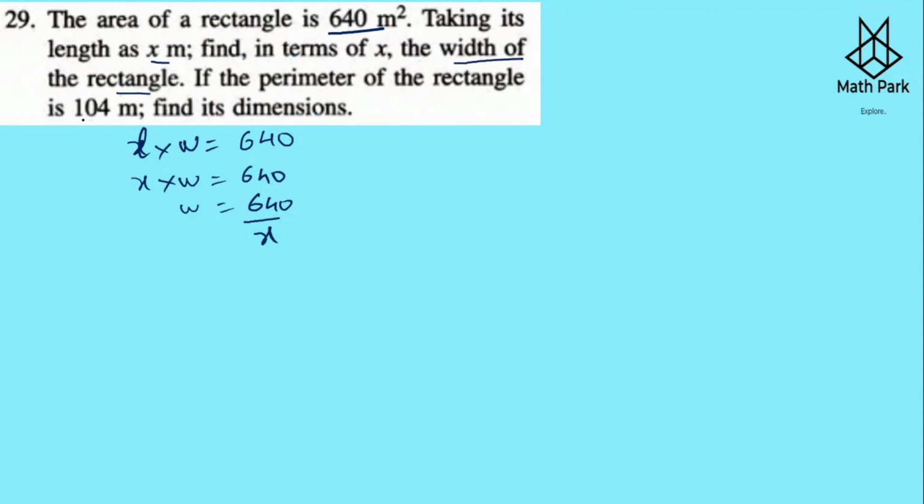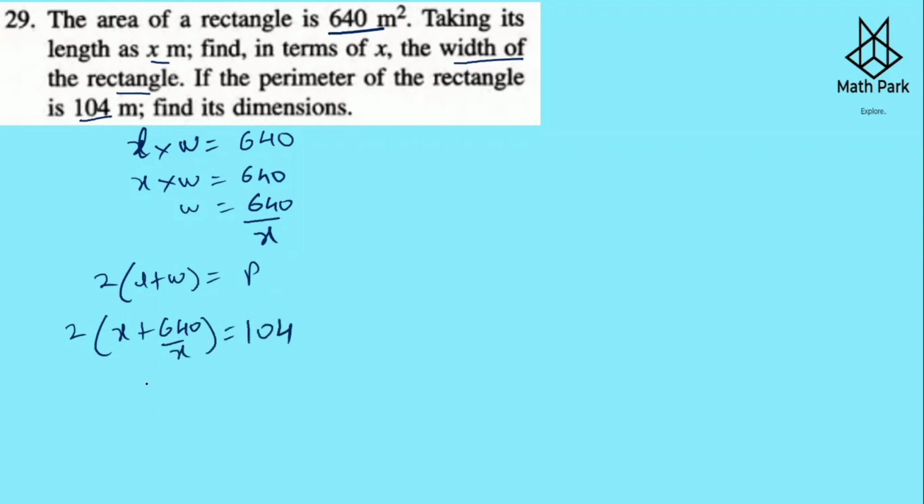If the perimeter of rectangle is 104, find the dimensions. So what is the perimeter? So we have twice length plus width is equal to perimeter. So let us put the value twice. Length is x plus width is 640 upon x is equal to perimeter, which is 104.